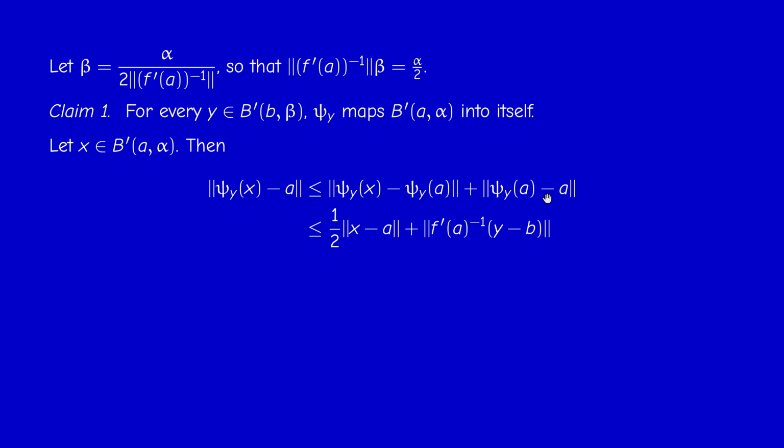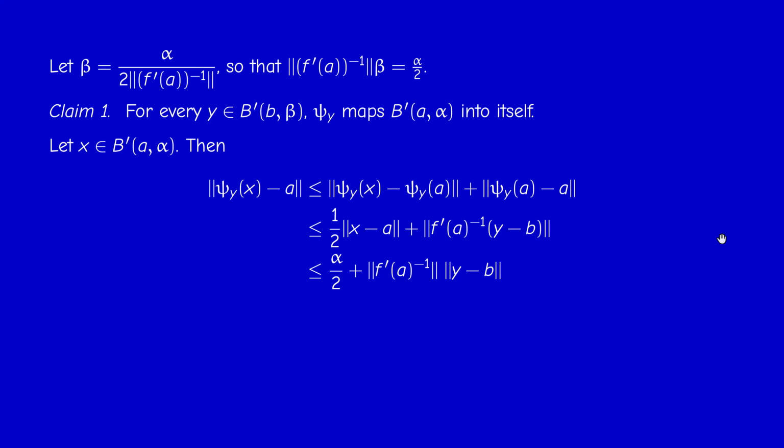So psi y of A is just A minus this quantity. So we just get f prime of A minus 1 times y minus f of A, which is B. Okay, so in all this discussion, B is f of A.